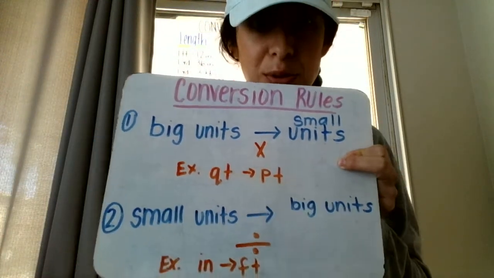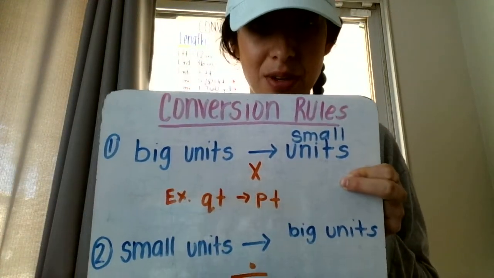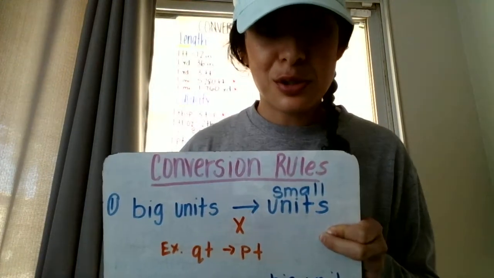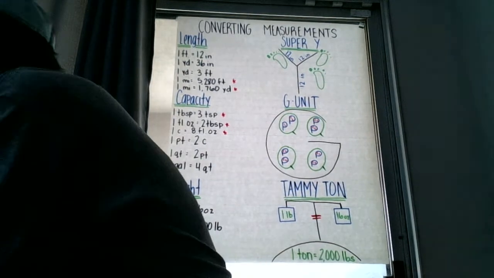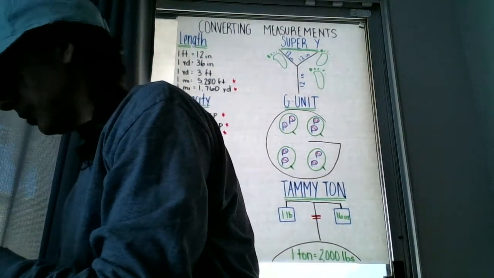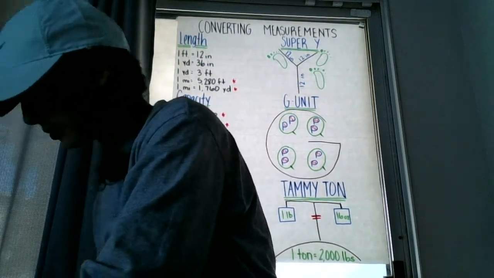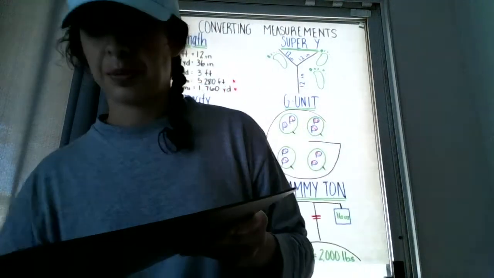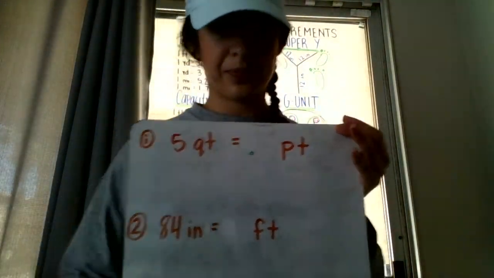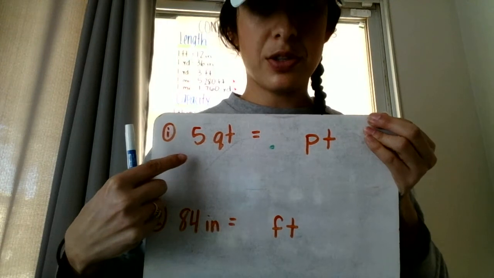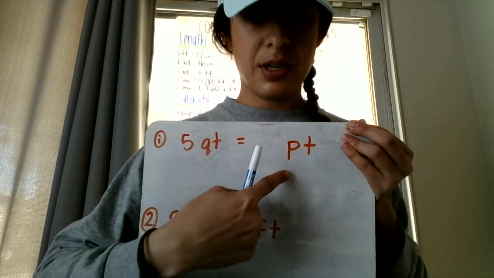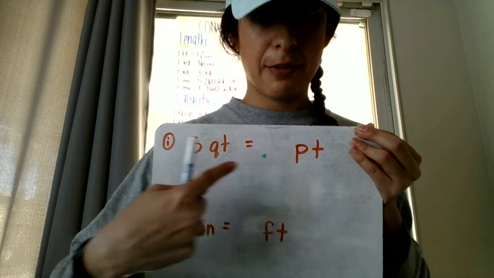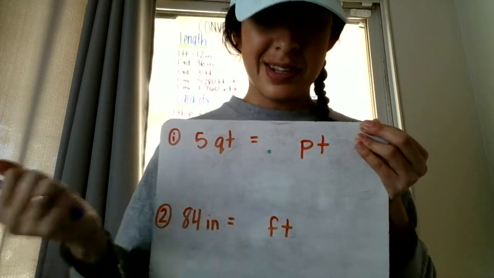Okay, so remember these rules, write them down. So now let's do some problems. The first problem. I want to turn 5 quarts into pints. 5 quarts into pints.